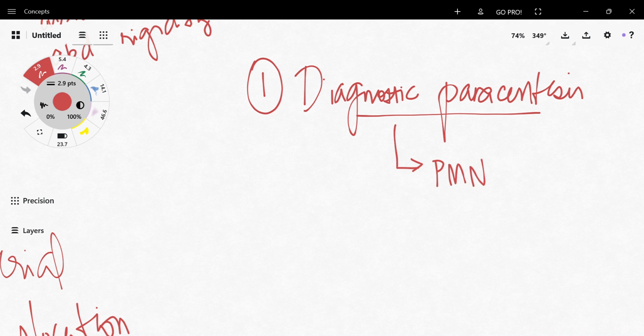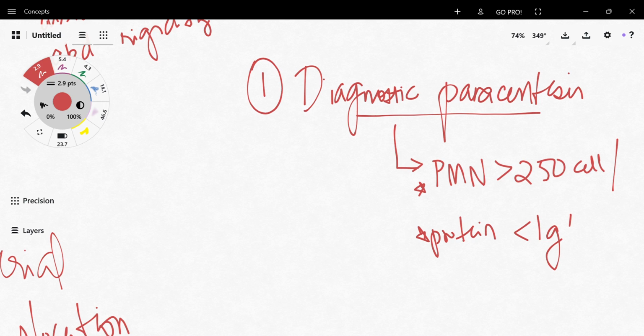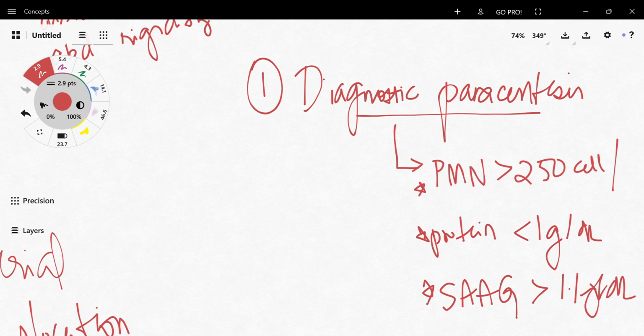to be more than 250 cells per mm3. The protein, right, is going to be less than 1 gram per deciliter. An index called SAAG is going to be more than 1.1 grams per deciliter. I'm going to tell you more about SAAG in a minute.